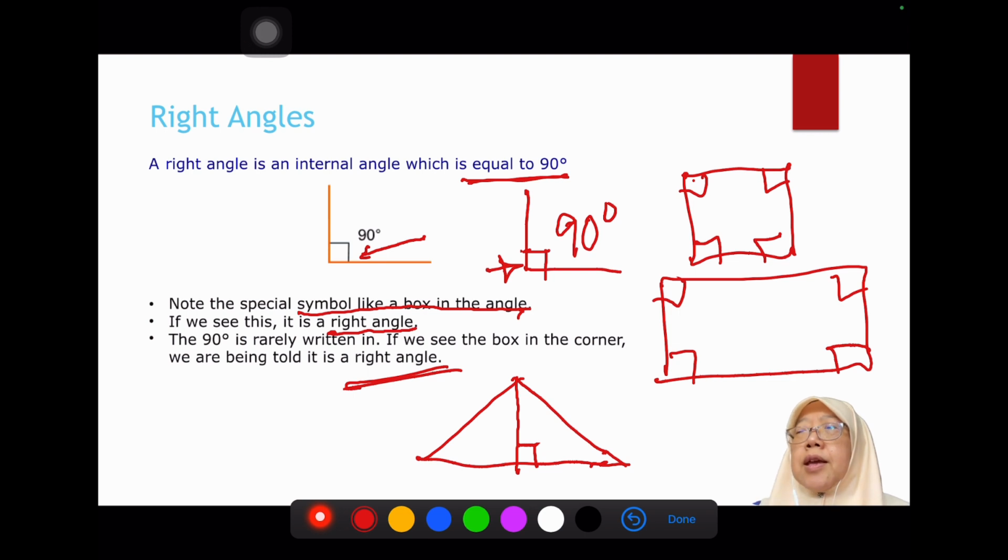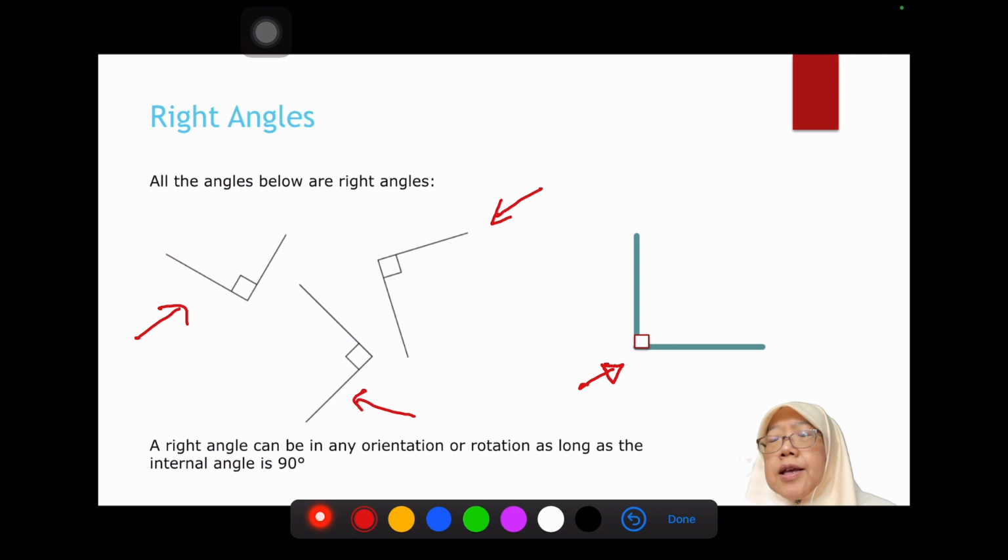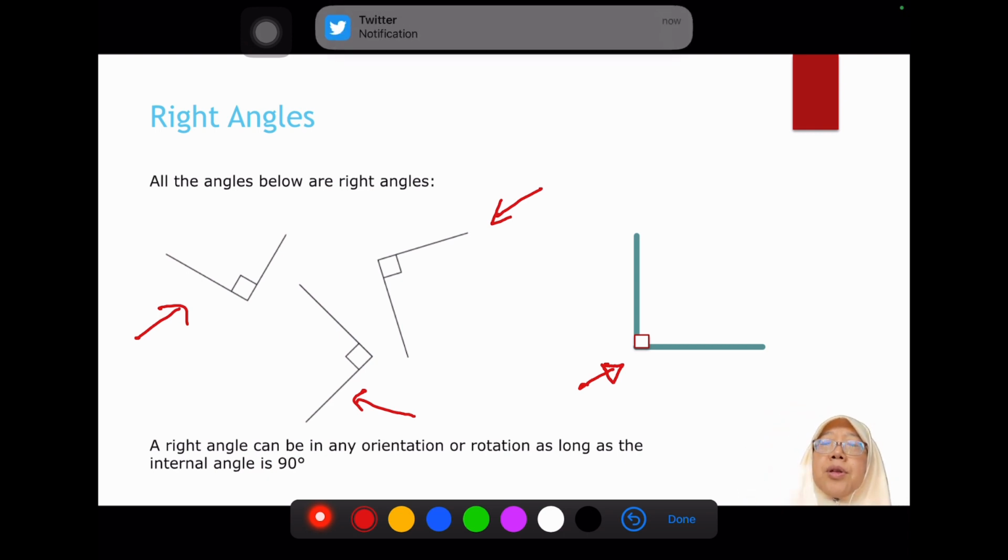Alright, about right angles, you can also draw them in different orientation. This is the normal way of drawing it, but these are different orientations. So this will develop your students' learning on geometry, also spatial sense.